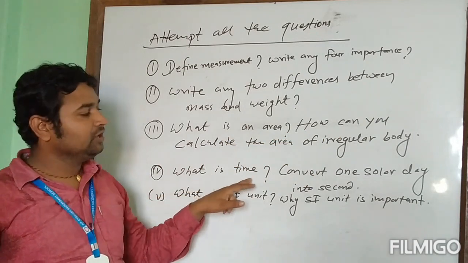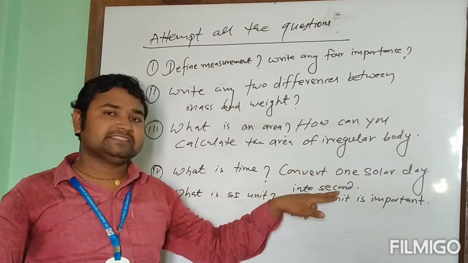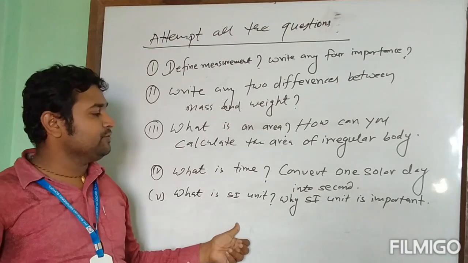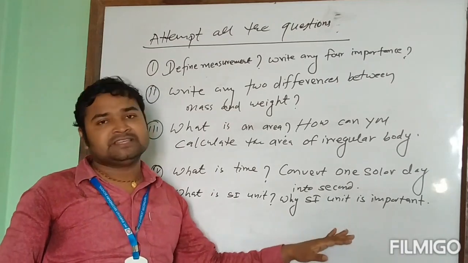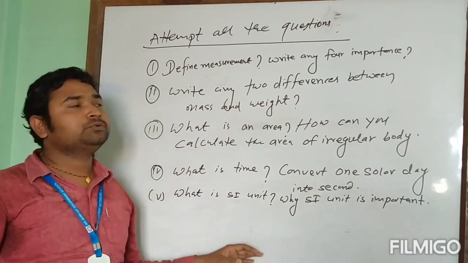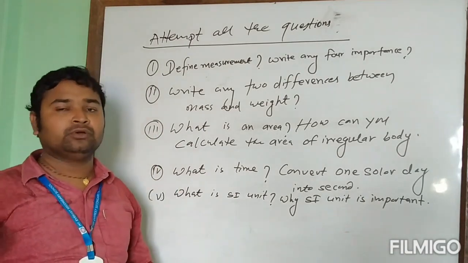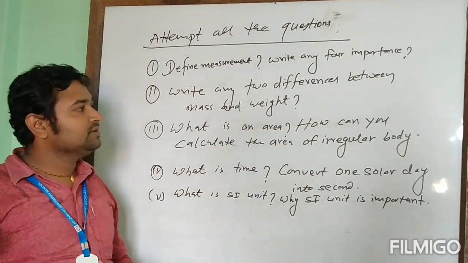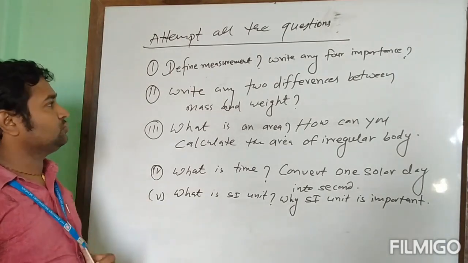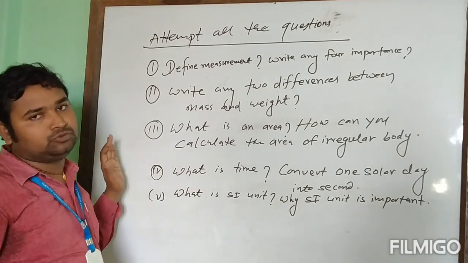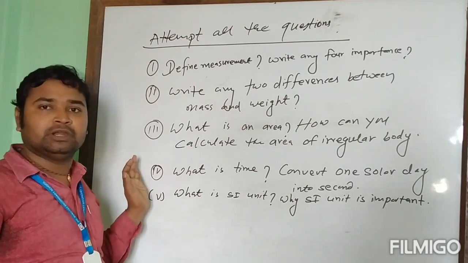What is time? Convert 1 solar day into seconds. What is SI unit and why is SI unit important? So you have to attempt these questions at home. These questions are very important for your examinations, from the exam point of view. So you must do these questions properly at home.